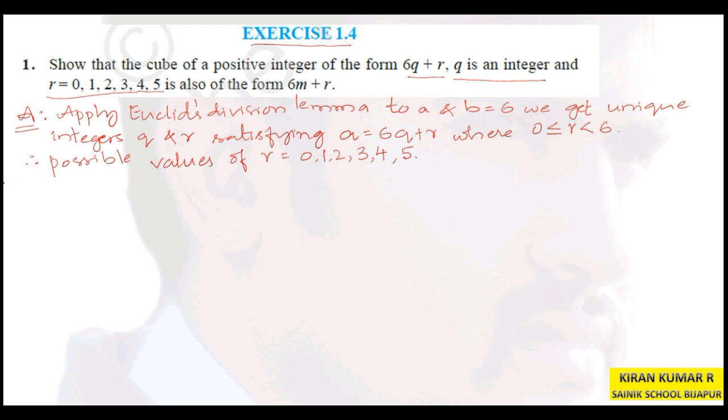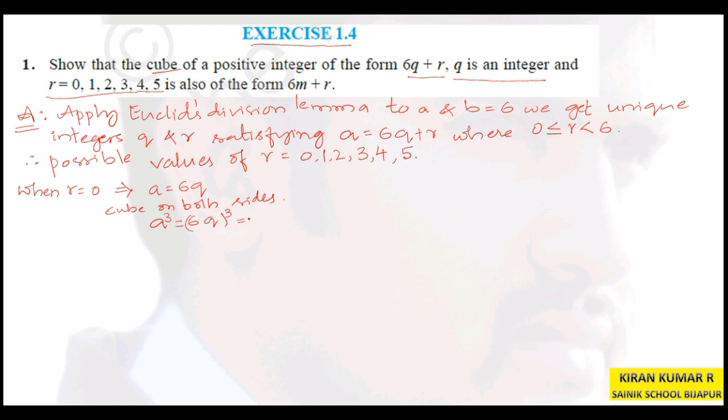When r equal to 0, then a will be equal to 6q. When you cube on both sides, we are cubing it because they are asked in the question cube of positive integer. When you cube this, it becomes a cube, which is equal to 6q whole cube.